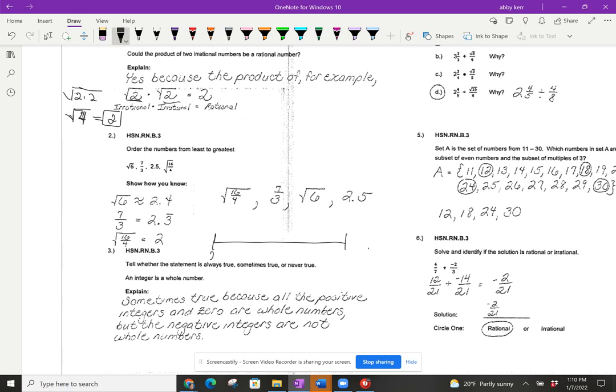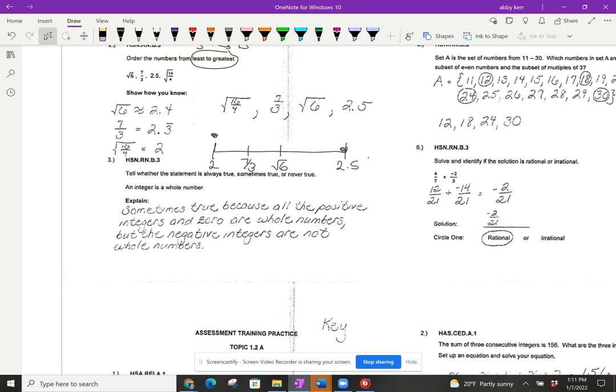So here we just need from like 2 to 2.5. So we have this number, then we have 7 over 3, then we have the square root of 6, and then we have 2.5. So from there, you can just number it. Make sure that you're reading the directions, least to greatest, so that means smallest to biggest.